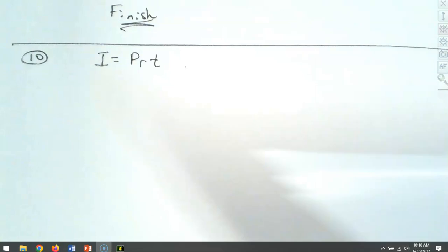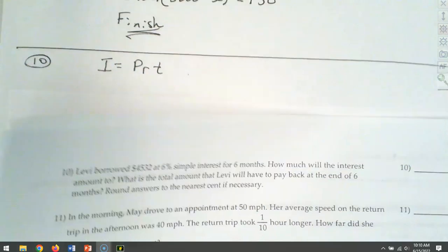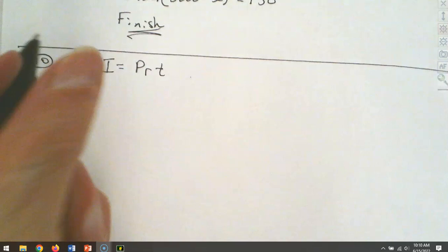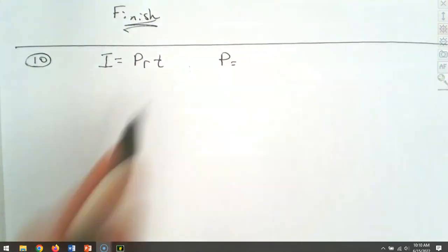And let's just read this question here. So Levi borrowed $4,532 at 6% simple interest for 6 months. How much will the interest amount to? And what's the total amount that Levi has to pay back? Okay, so principal is the P. Now that's how much money we start with.